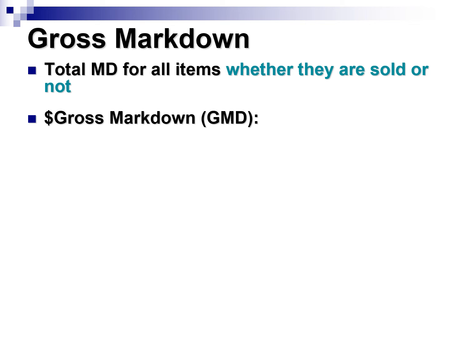How do we then calculate the dollar gross markdown and gross markdown percent? Just like we calculated dollar markdown and markdown percent for an individual item in the previous formulas and examples, we can do the same thing for all items.